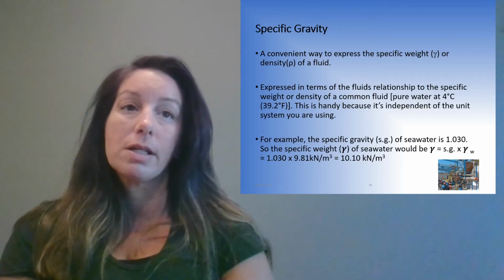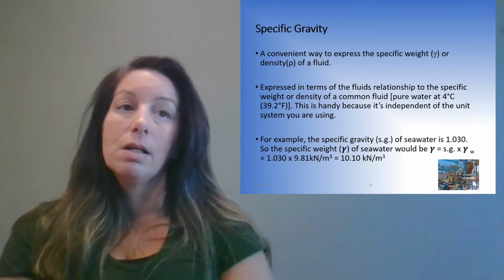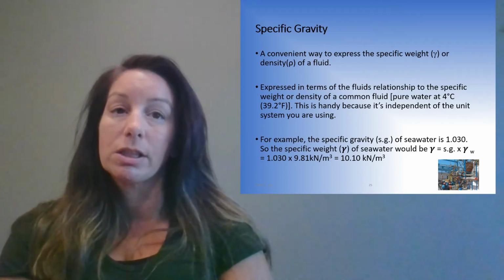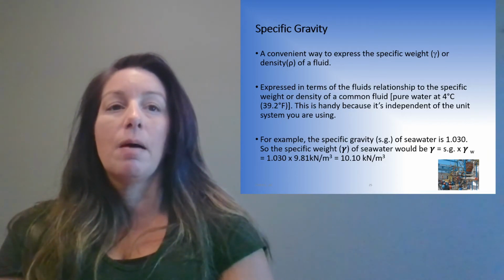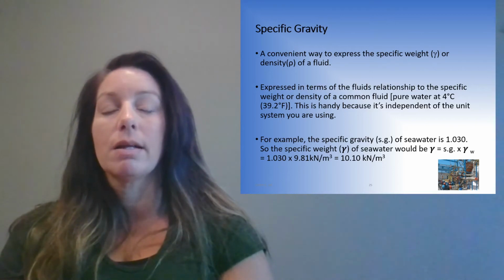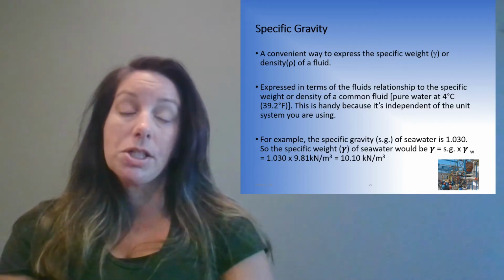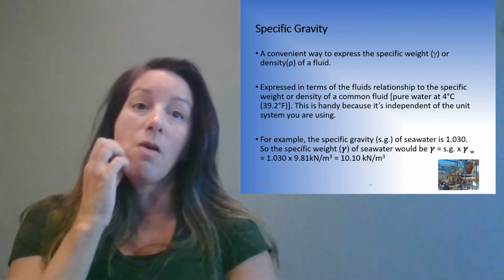So it's a way to express any kind of fluid. Like I said, specific weight or density in relation to water. And it's handy because it's independent of the unit system that you're using. So it's the ratio of its density or weight compared to pure water.